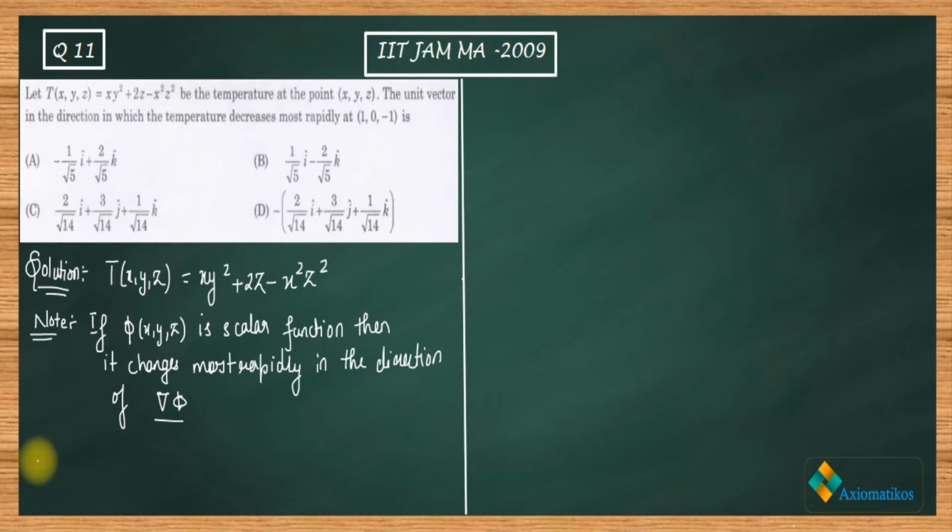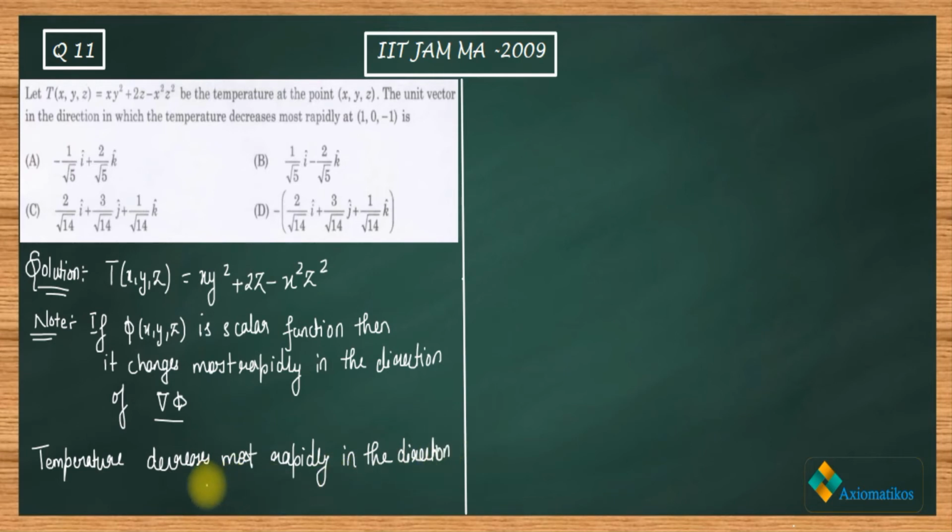So from this note it is clear that temperature decreases most rapidly in the direction of minus grad T, or minus del T.